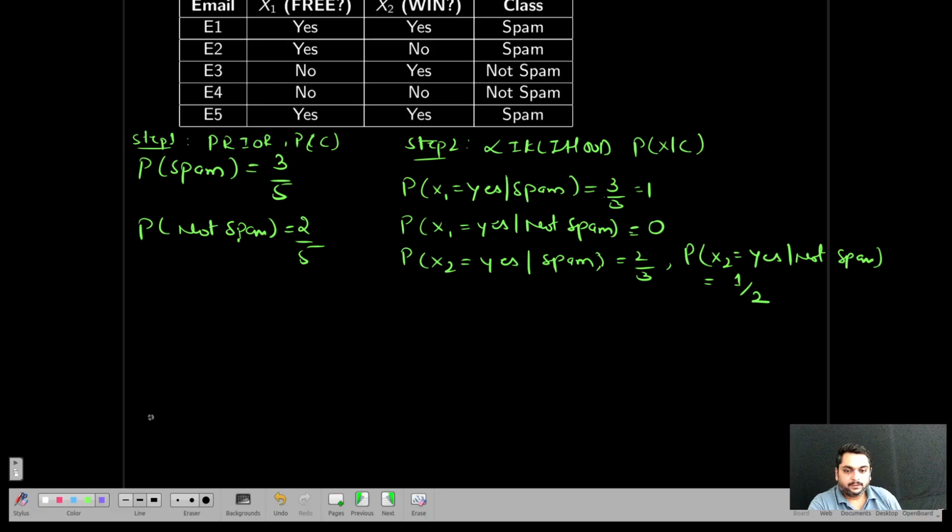Now, step 3, we have to calculate the posterior probability. So for class equal to spam, what is the posterior probability? That is naive-Bayes rule. So probability of spam given x new.